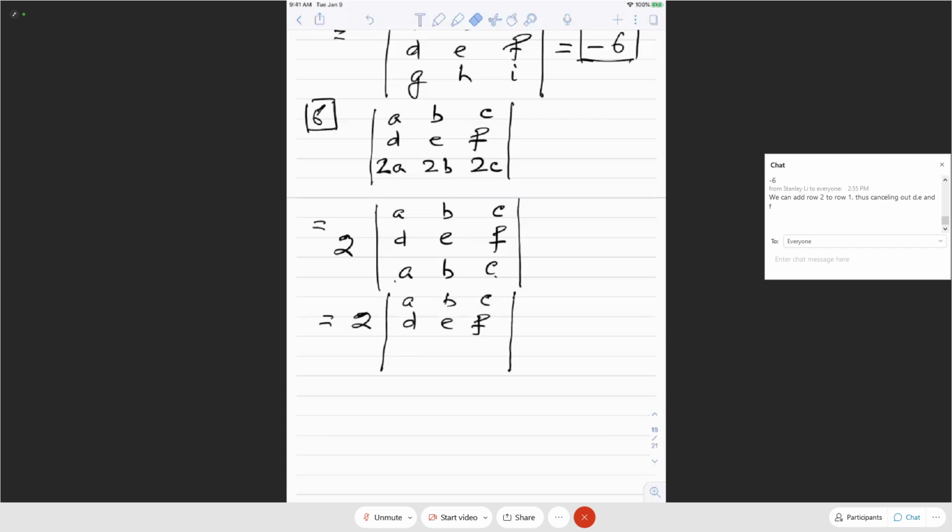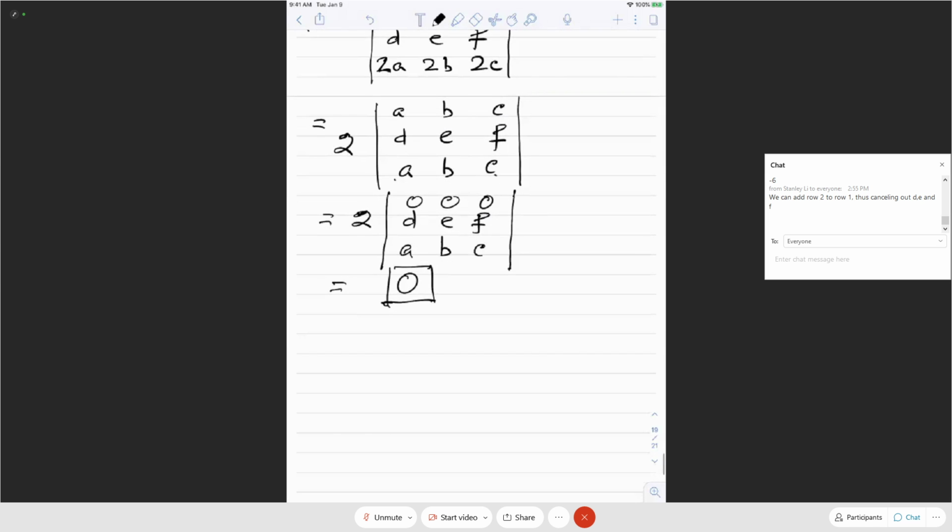You could have kept these as A, B, C, and then multiply the third row by minus 1 and add it to the first row. Now, what is this determinant? 0. They fell into that trick. Okay, 2 more.